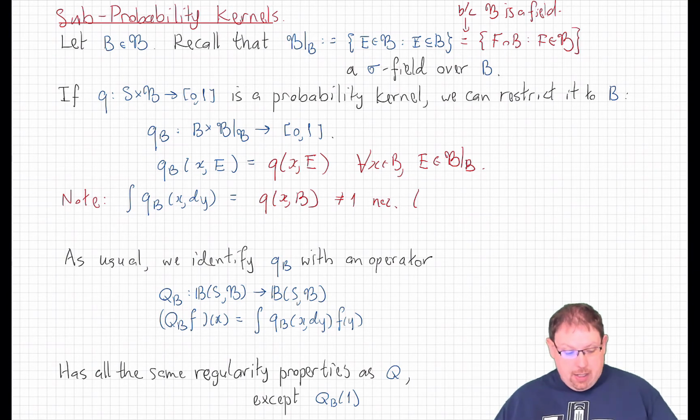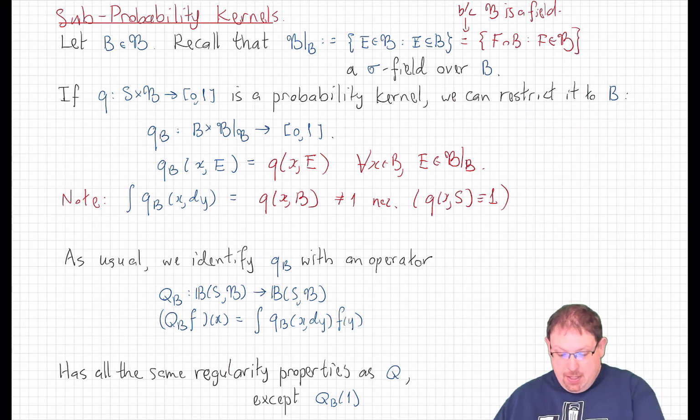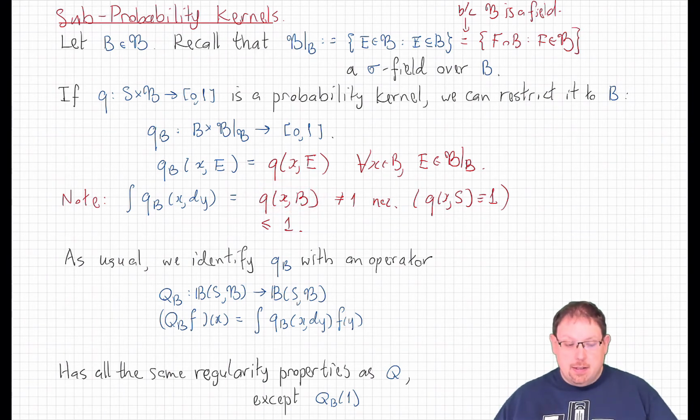In the general case where B was all of S, the definition of a probability kernel included the statement that Q of x and S is constantly equal to 1 for every x. But this is not equal to 1. It's less than or equal to 1, but it's not necessarily constant either. This is just some function of x, measurable and less than or equal to 1.